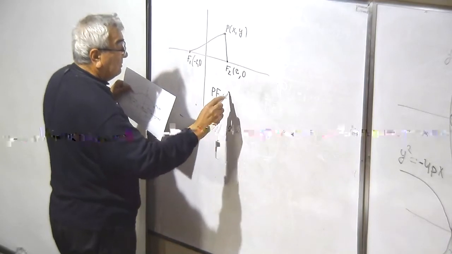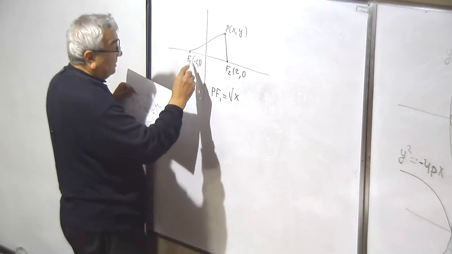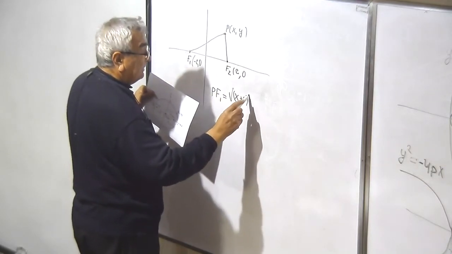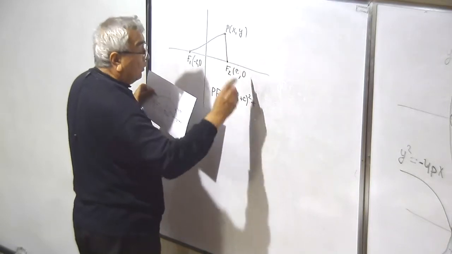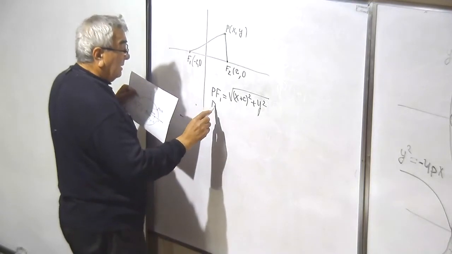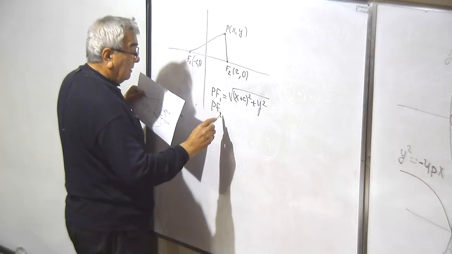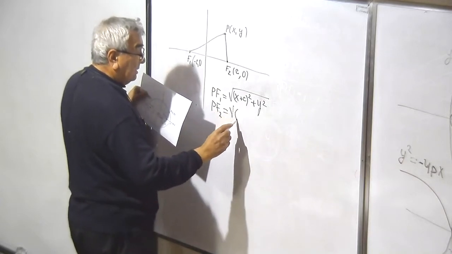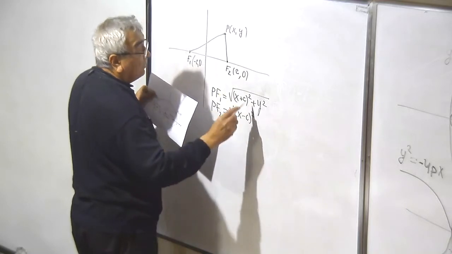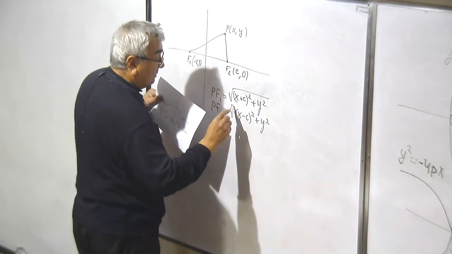PF1 should be the square root of (x minus (minus c)), therefore (x plus c) squared plus y squared. PF2 should be equal to the square root of (x minus c) squared, the y coordinate of the focus is 0, therefore plus y squared.